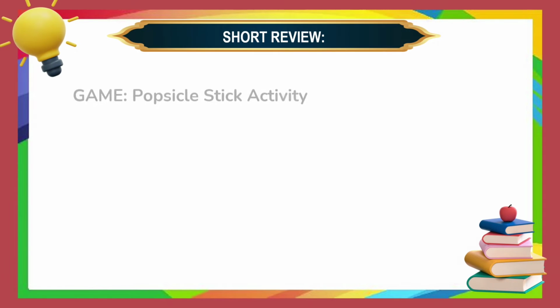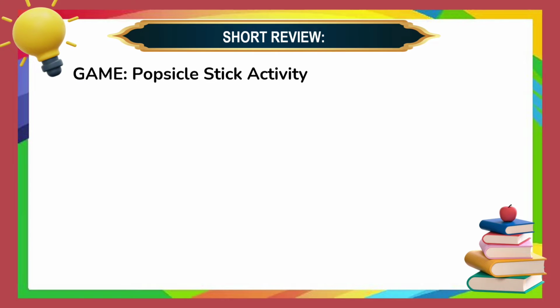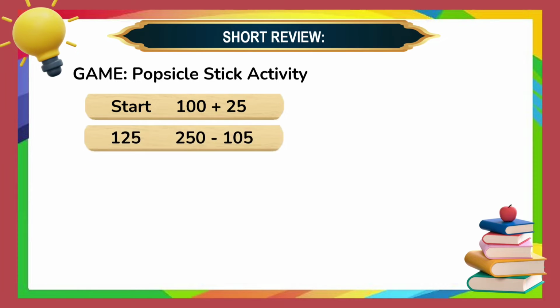To start the game, the pupil should pick the stick that says "Start" for the first stick to line up. Then answer the expression 100 plus 25. 100 plus 25 is equal to 125, and then he would find the stick that has 125 as the answer of the expression. Then answer another expression until it is finished.